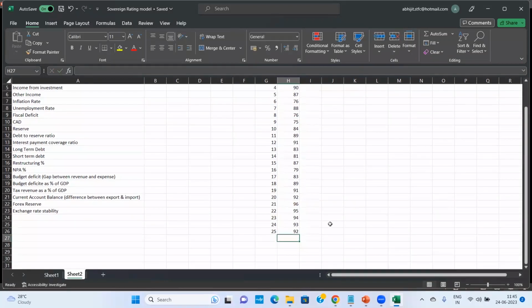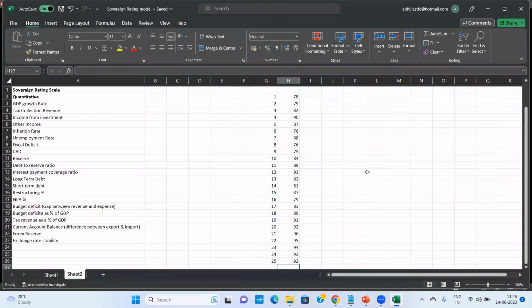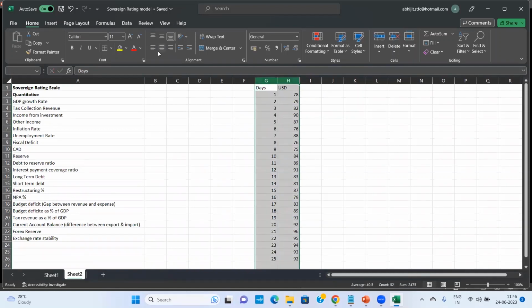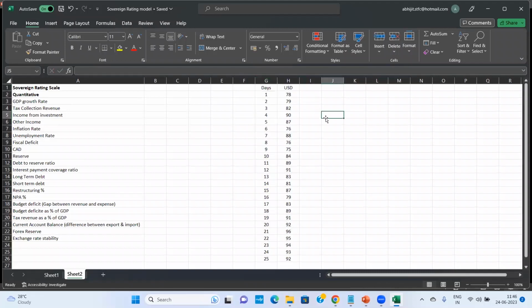Right? Now I have data. So these are days, and this is my USD price, right?